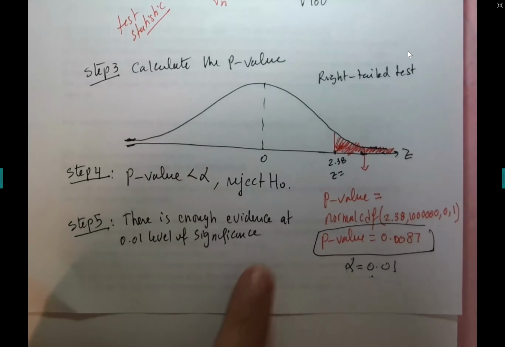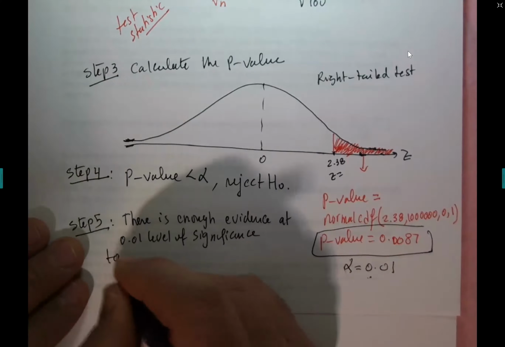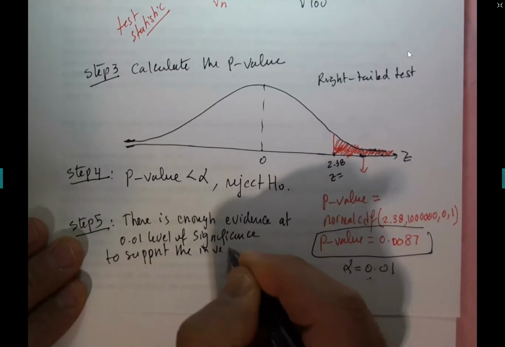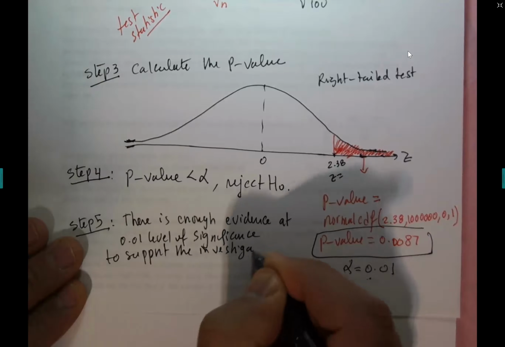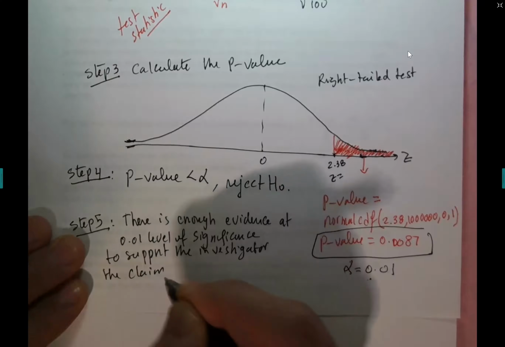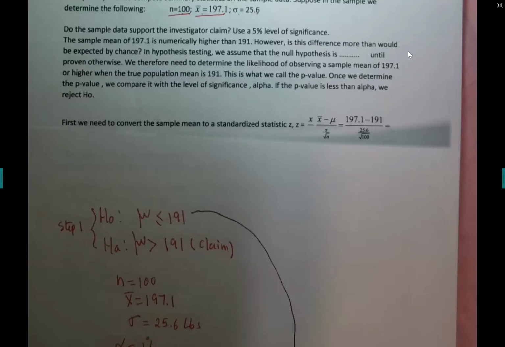So there is enough evidence at the 0.01 level of significance to support the investigator's claim, and just copy it and paste it from the problem. What was the claim of the investigator, guys? Let's read it.